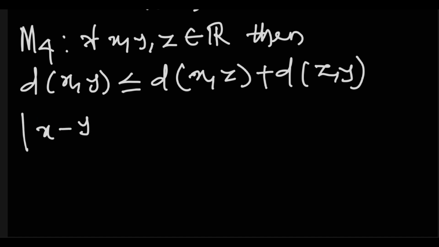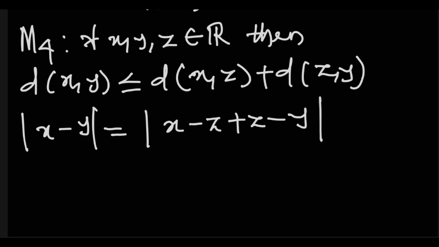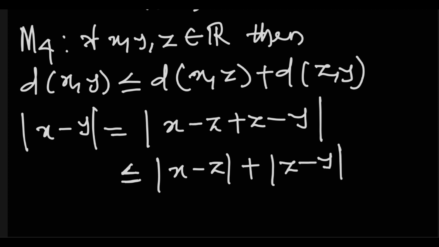We have |x − y|, that is our d(x,y). This is equal to |(x − z) + (z − y)|, which is less than or equal to |x − z| + |z − y|.